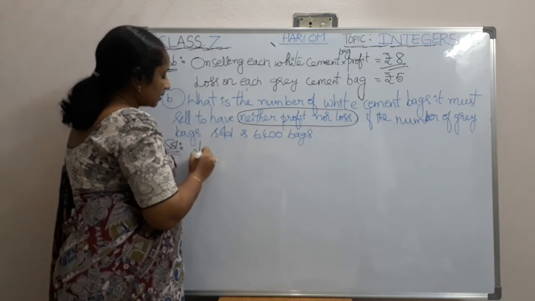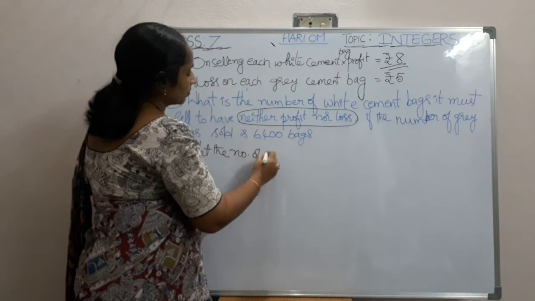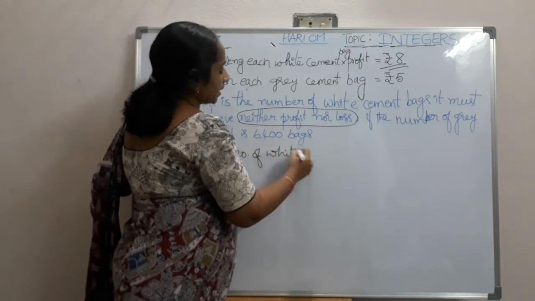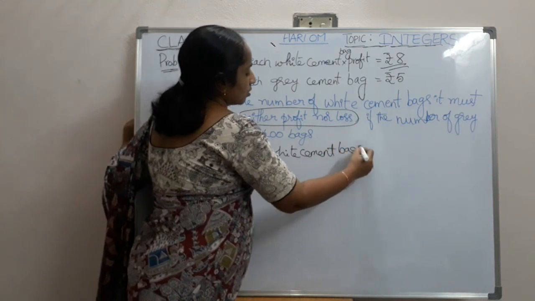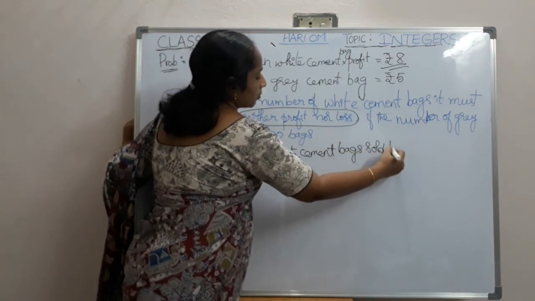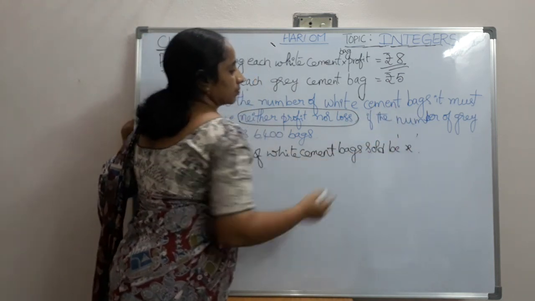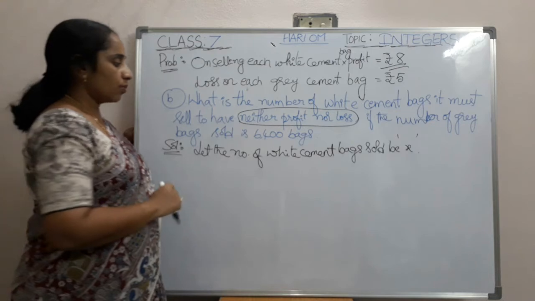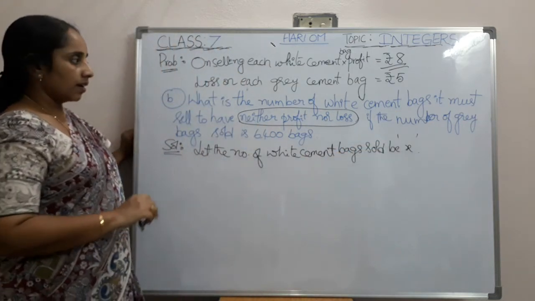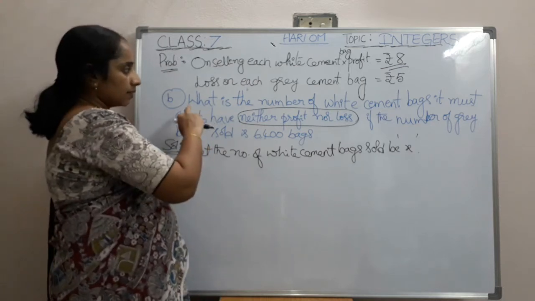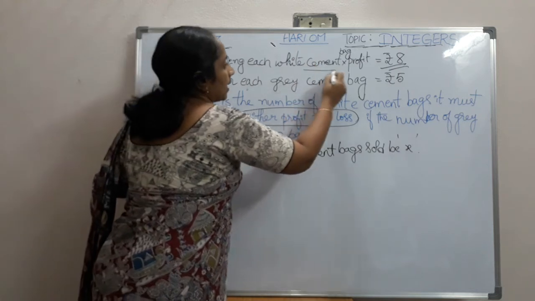So let the number of white cement bags sold be x. We don't know that number, so we have assumed it as x number of bags. Now the profit on each white bag is 8 rupees.